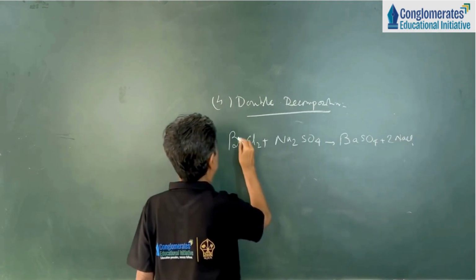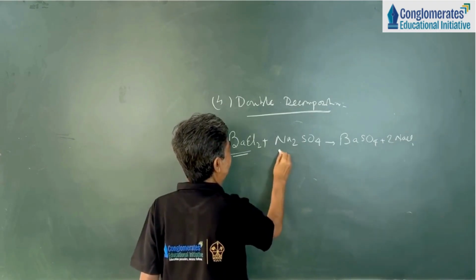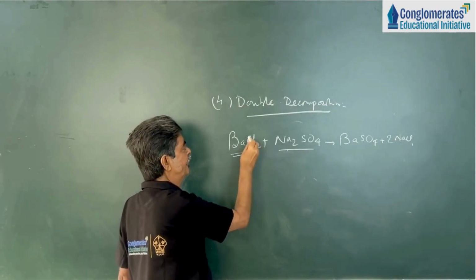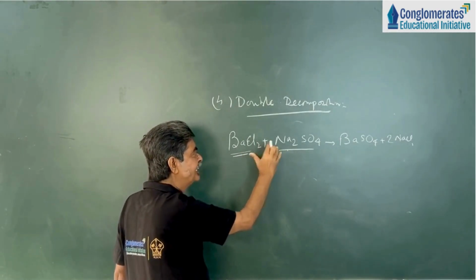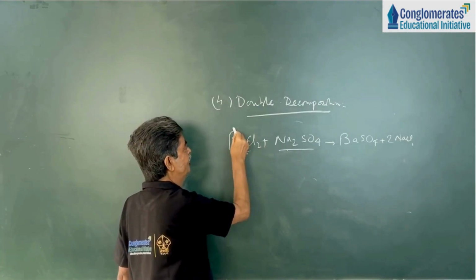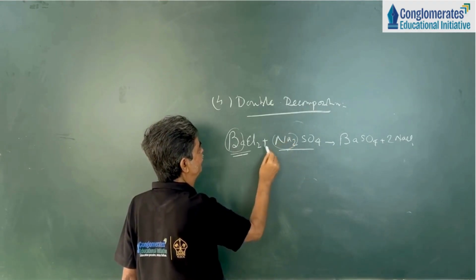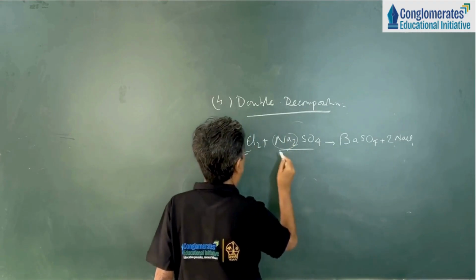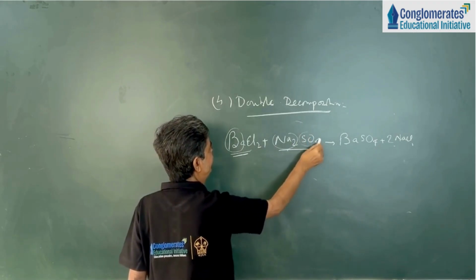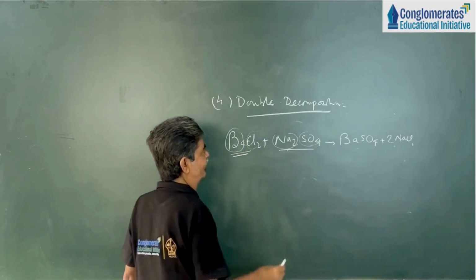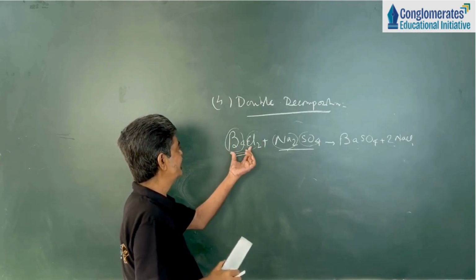Now you see, the reacting substances are barium chloride and sodium sulfate, and they mutually exchange their positions. Barium's position is taken by sodium to form sodium chloride, and sulfate takes the position of chlorine to form barium sulfate and sodium chloride. So they mutually exchange their positions.